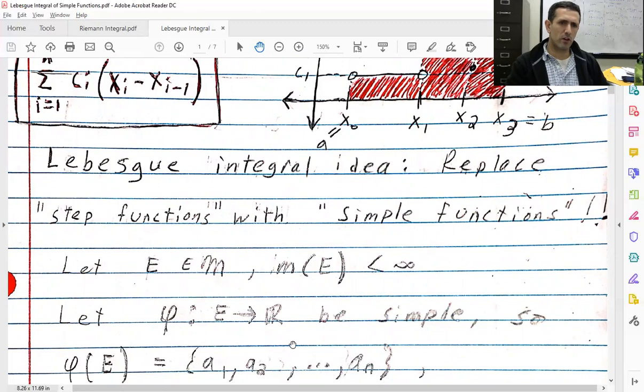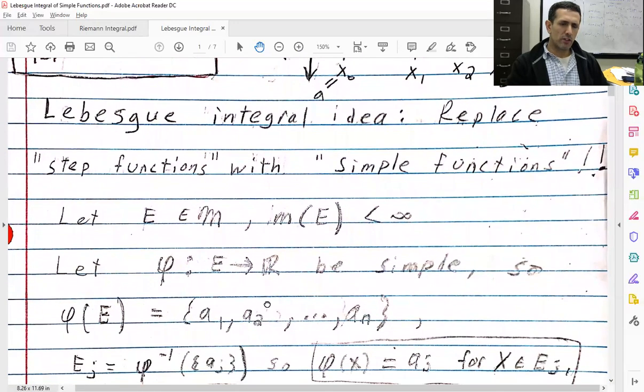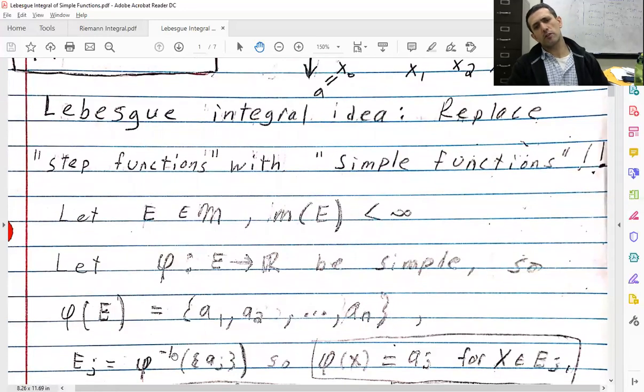We're assuming these are distinct real numbers. Okay? So if we define Ej to be the inverse image of each of the singletons, so Ej is just the set of all x in E where phi(x) is aj. Then we have phi(x) is aj for x in Ej, by literally the definition I just said a second ago.